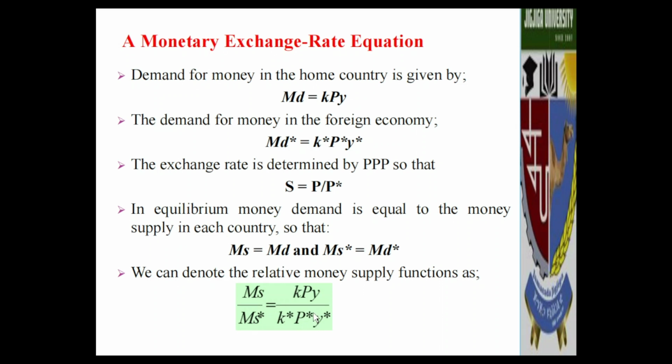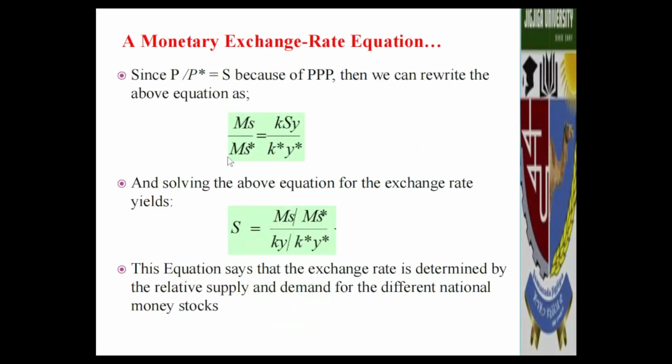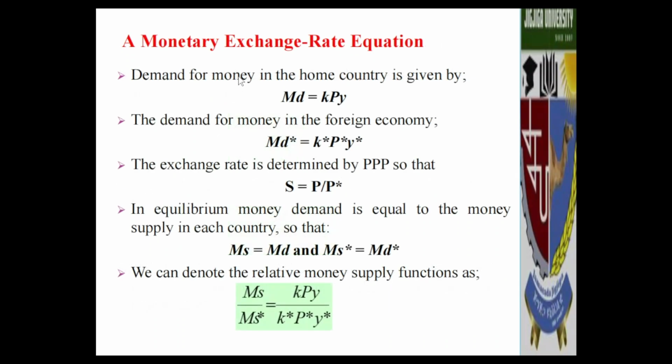By dividing, we see that P over P star is equal to the exchange rate S. We have already seen this.